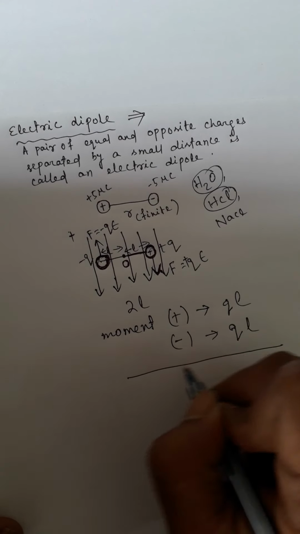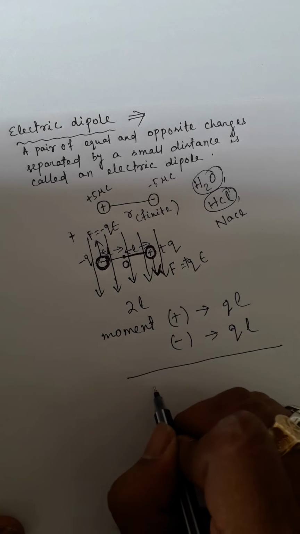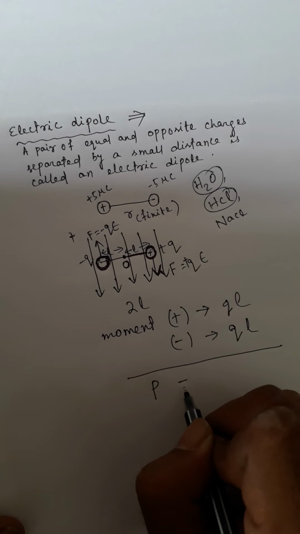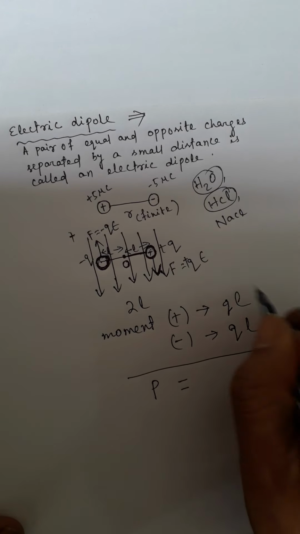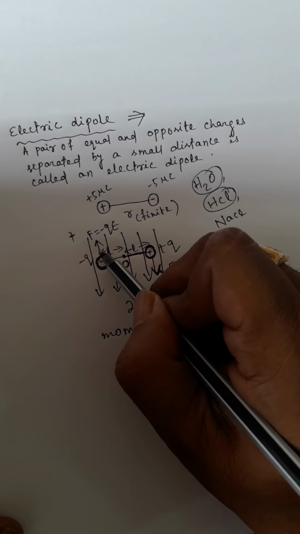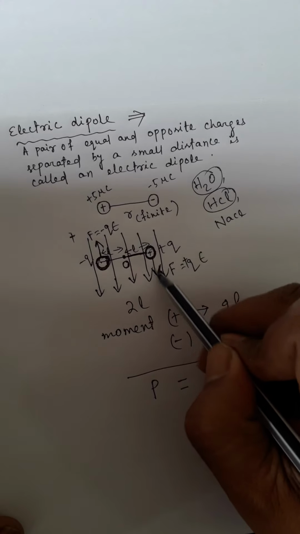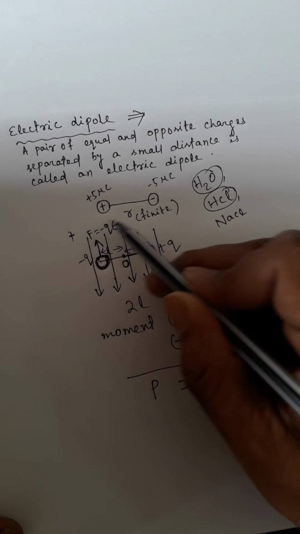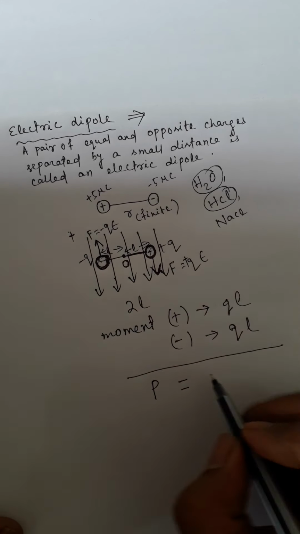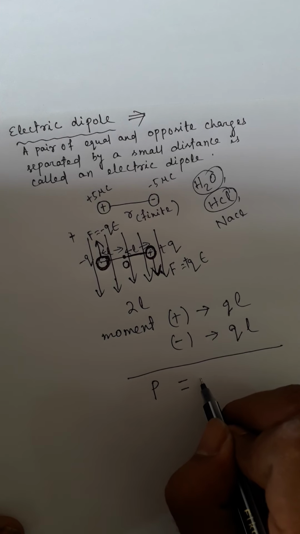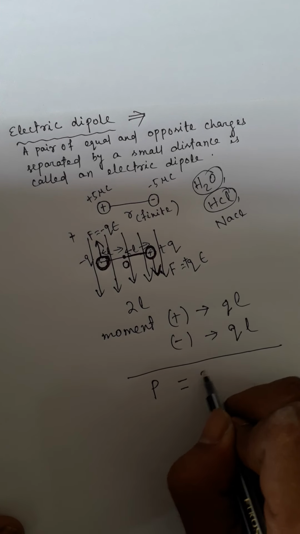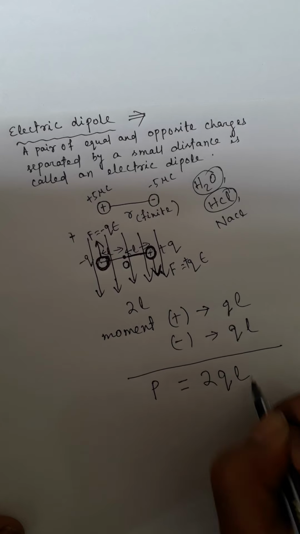So the total moment, or dipole moment, represented as P, will be qL plus qL, because this force is in the clockwise direction and this one is also clockwise, so they add. The total moment will be qL plus qL, that is 2qL.